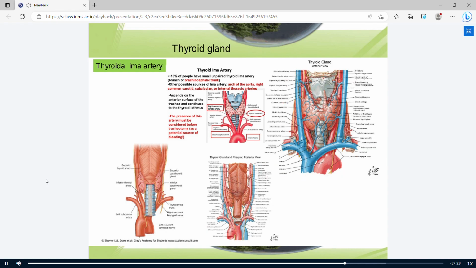The internal jugular vein joins the subclavian vein and produces the brachiocephalic vein on each side. This is the left brachiocephalic vein, and this one is the right brachiocephalic. After that, the right and left brachiocephalic veins join together and form the superior vena cava, or SVC.